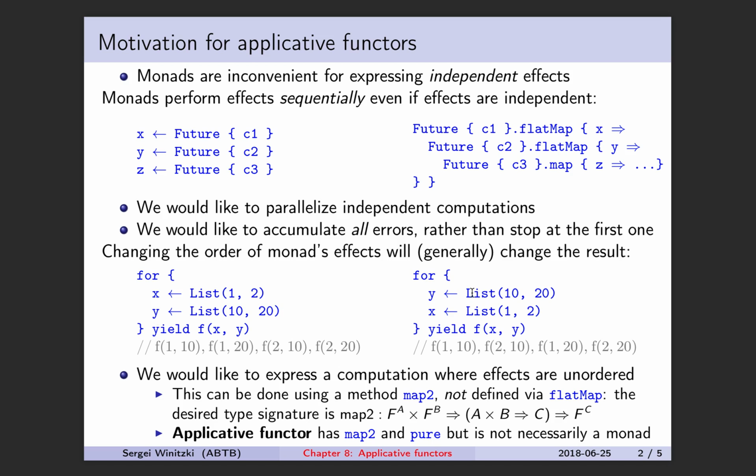And in order to do this, we need a method that is not going to stop after the first error, like a monad would. And so that kind of method is called map2.